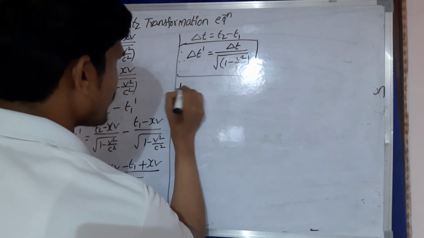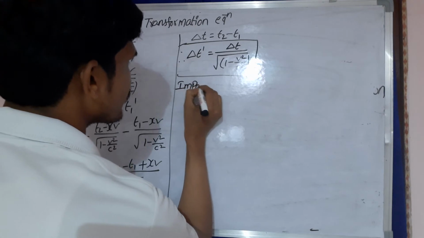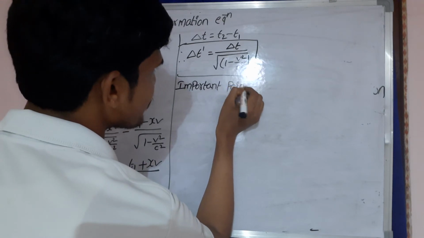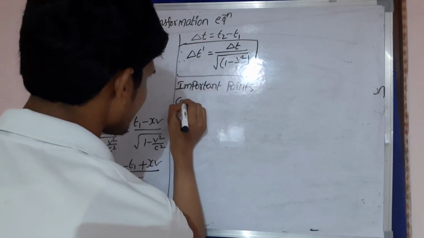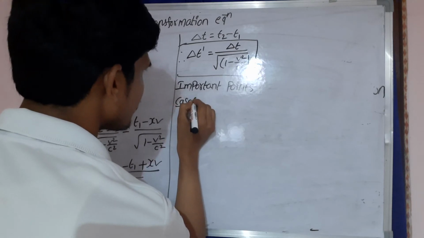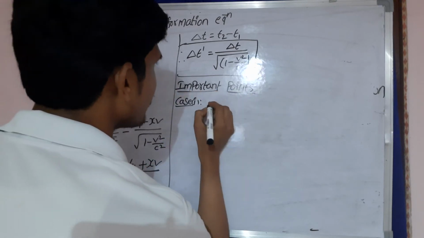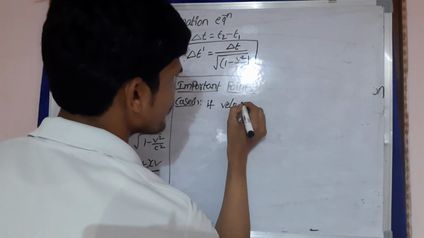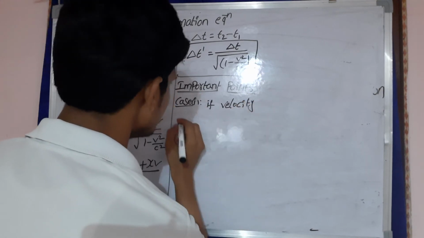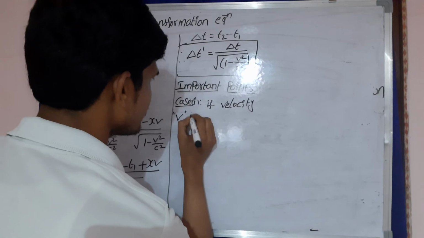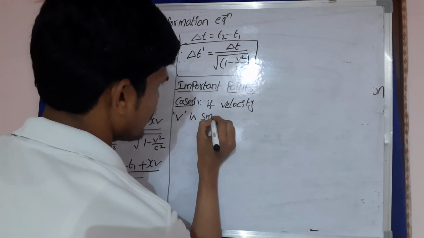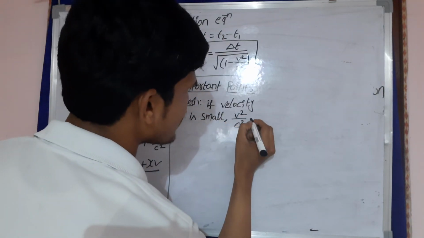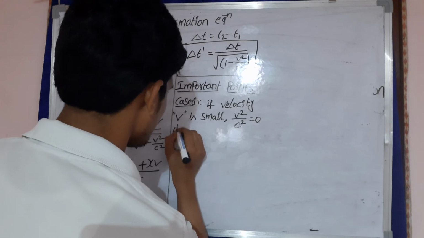Important points. Case 1: if velocity v is small, then v square by c square is approximately 0.